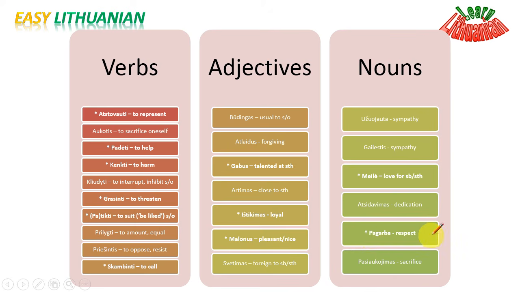Pagarba, respect for somebody. So, pagarba žmogui, respect for a man. Well, for a man in general, žmogui. Žmogus žmogui, pagarba žmogui. Respect for people, respect for a man in general. Pasiaukojimas, sacrifice.